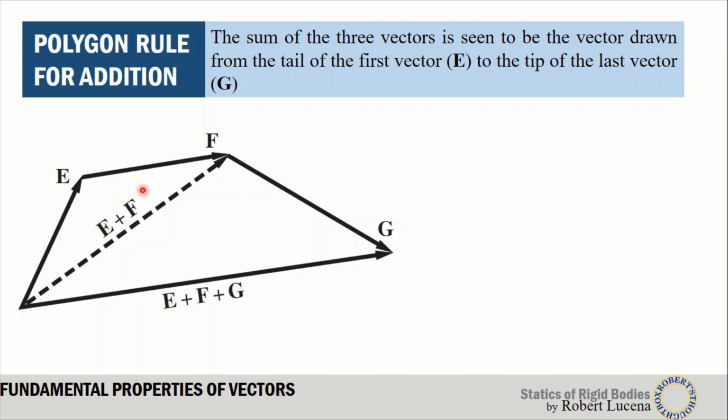Then this vector EF could be added to vector G to form the vector EFG. So that is the property here. If we want to get the value of H, that is equal to E plus F plus G, or E plus F plus G, whichever order you use will yield the same answer, H.